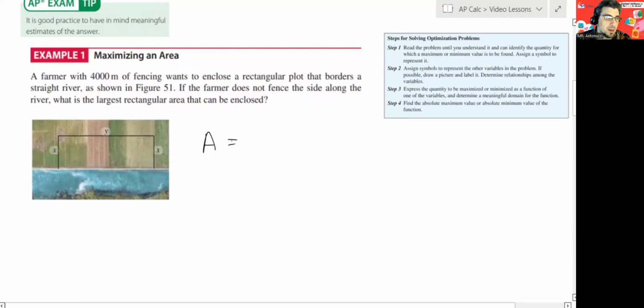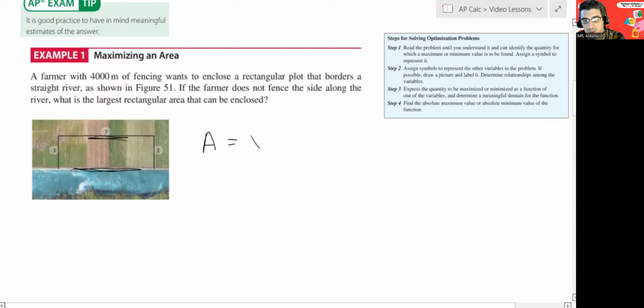Okay. And then we're going to look at the dimensions of this rectangle. Oftentimes it's helpful to draw a picture. Here we already have the picture supplied, but a lot of times we're going to want to draw the picture too if that's appropriate for the situation. So we have the dimensions x and y, with the side y parallel to the river. See how they're parallel right there.